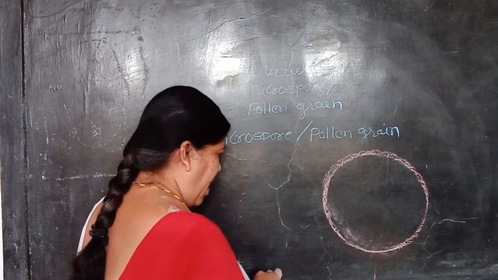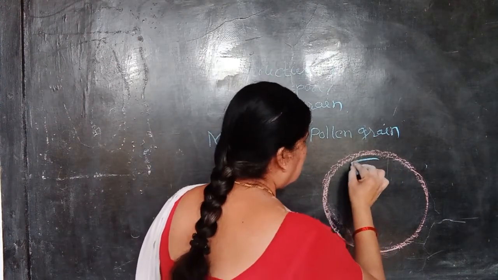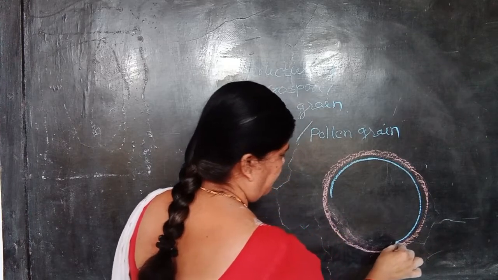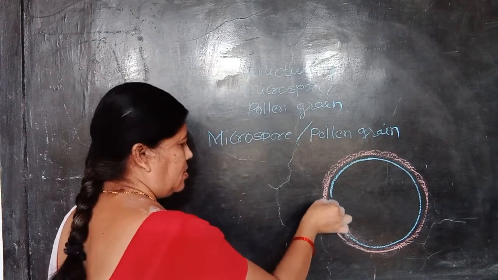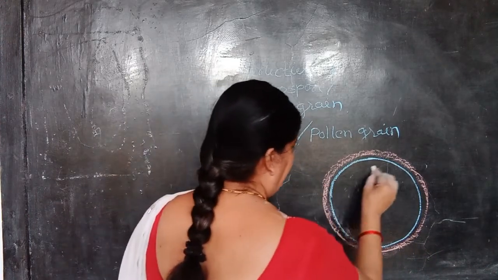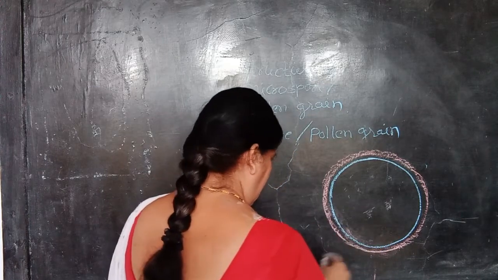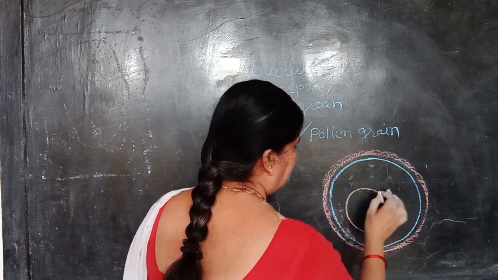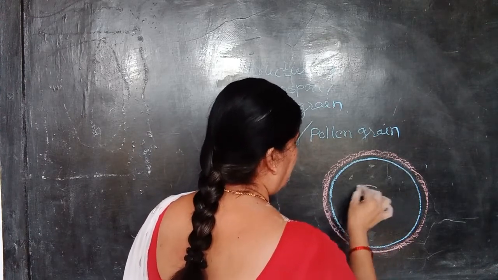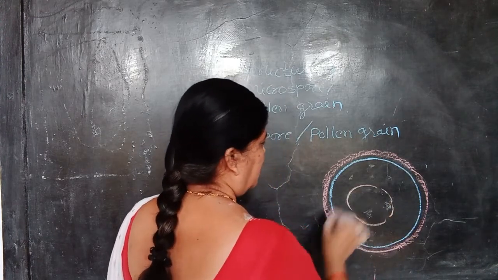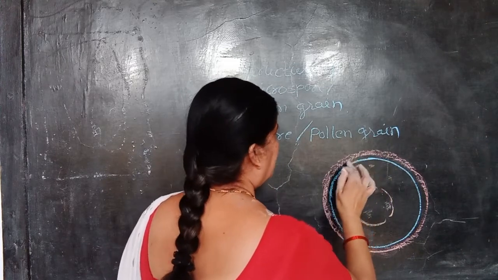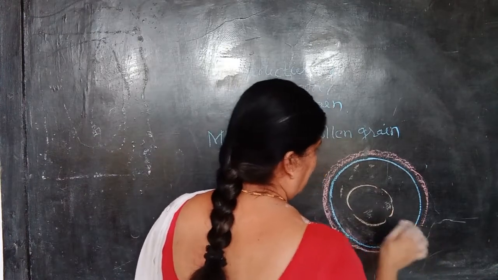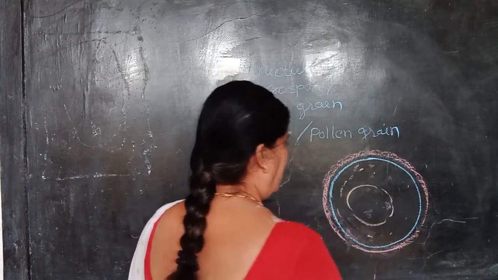It is bounded by a double layer wall. See, it is a very simple diagram of pollen grain. Inside, this is cytoplasm and this is nucleus, centrally placed nucleus.